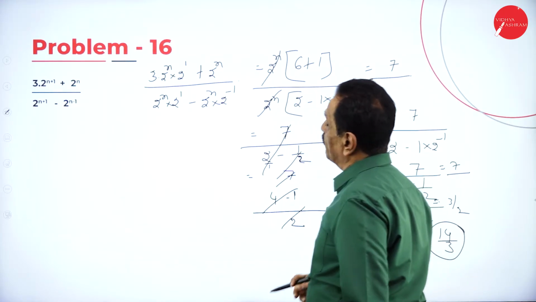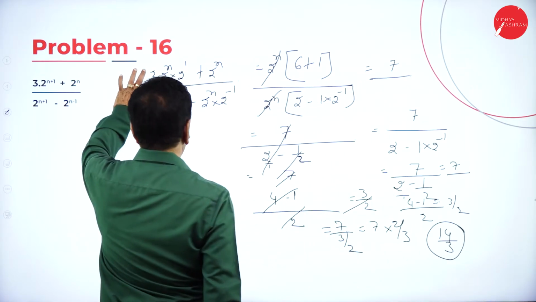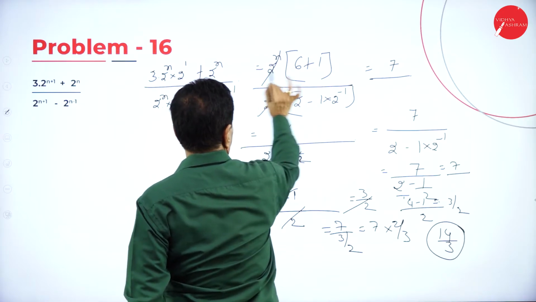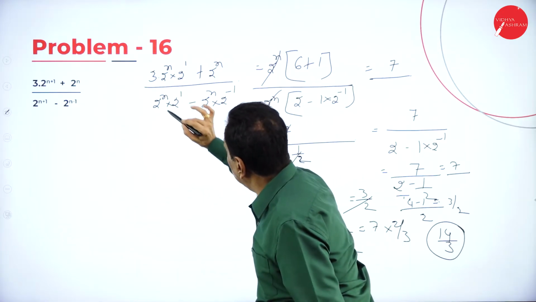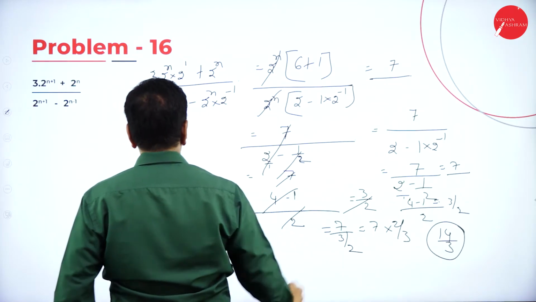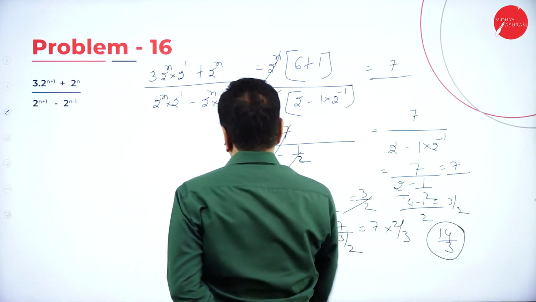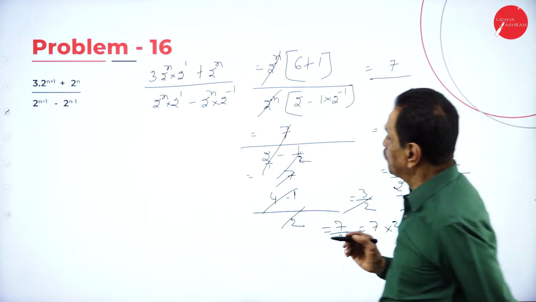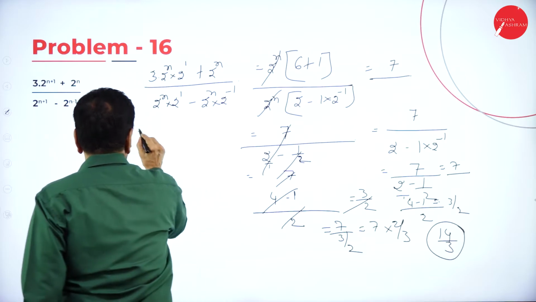Or we can simplify this also. I have taken 2 to the power of n over. This is 3 2s are 6 plus 1 7. This is 2 to the power of n. How much left over? 2 to the power of 1 is 2. We can simplify this. Minus 1s are into 2 to the power of minus 1. This I have written like this.